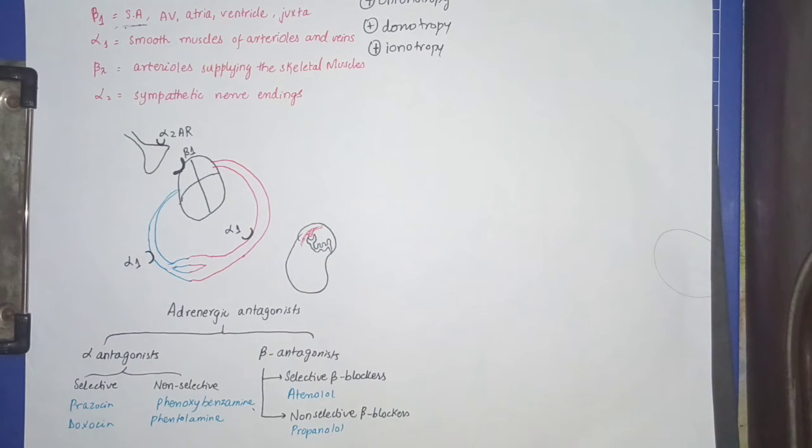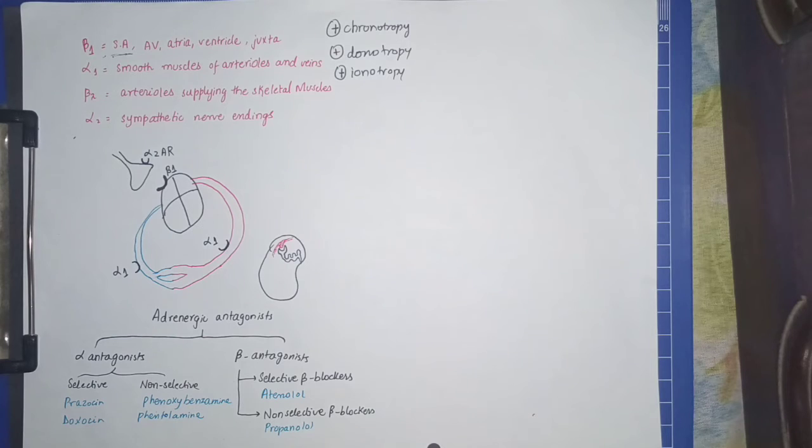And when these receptors are stimulated on the kidney, they lead to an increase in renin production. So when beta 1 receptors on the juxtaglomerular apparatus are stimulated, they lead to an increase in your blood pressure. The juxtaglomerular apparatus releases renin.